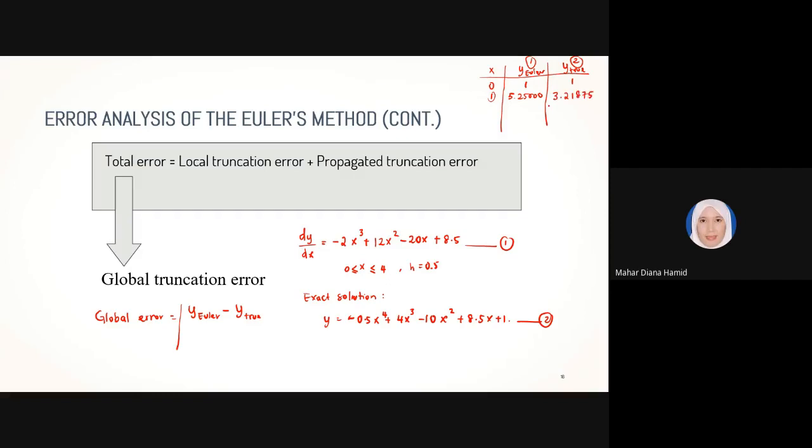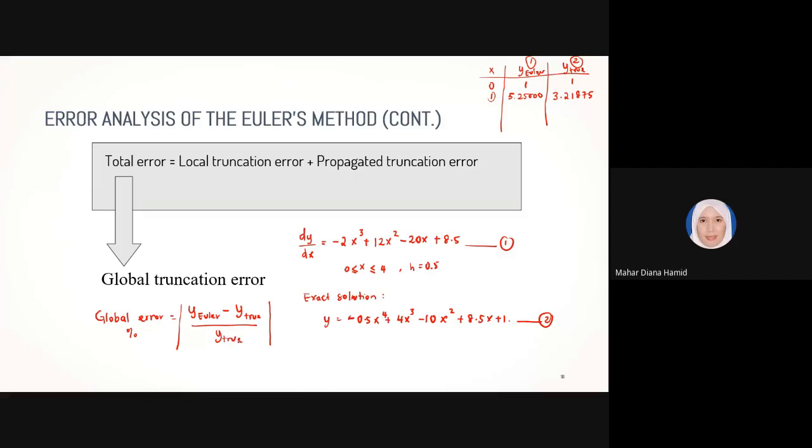That would be the value of the exact solution. So the global error is the modulus of y Euler minus y true, over y true.